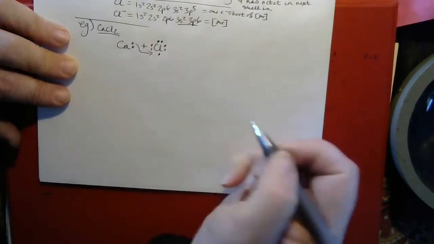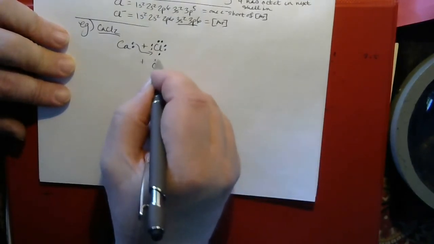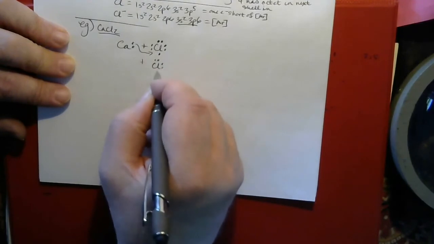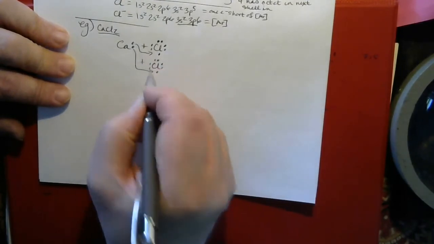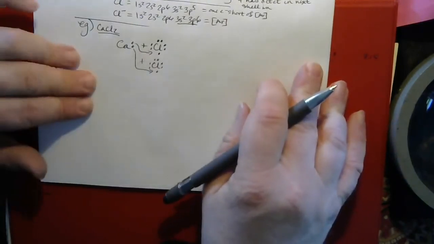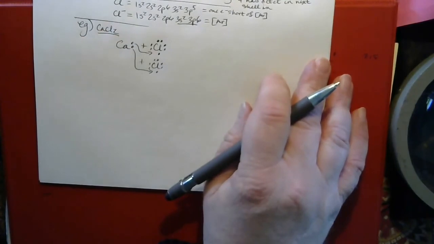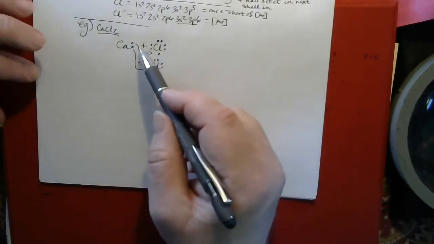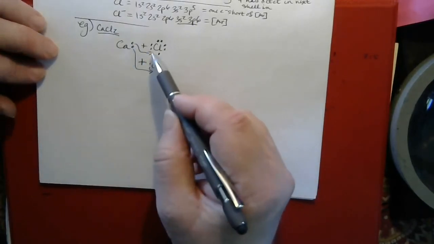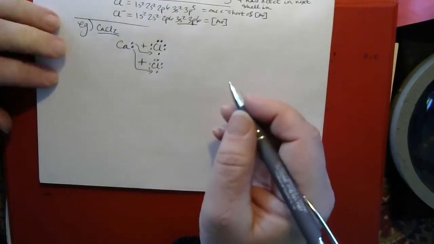So one of calcium's electrons goes to one chlorine, and it takes a second chlorine to take in calcium's other electron, because calcium essentially is not going to be stable until it gets rid of both of those valence electrons. And so if chlorine happens to be the only thing around to combine with calcium, then calcium is going to have to give 1 valence electron to one chlorine and the other valence electron to another chlorine.